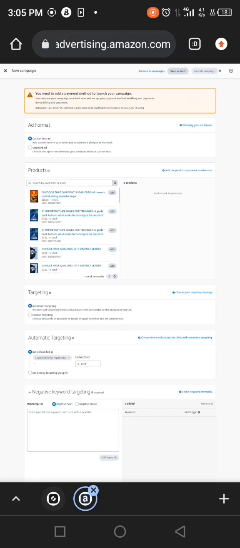If you have a book that you have put up as a paperback and the same book as an ebook, that way you could use custom text ad to run one advert for so many books. I'll repeat myself. If you use custom text ad for your lottery ads, you can only run this advert for the same book in different formats. If you have one book that you've put up as paperback and the same book as an ebook, you can use custom text ad for this.